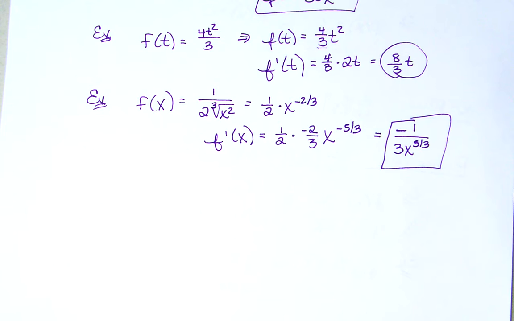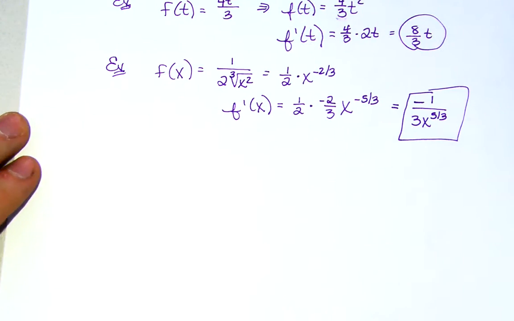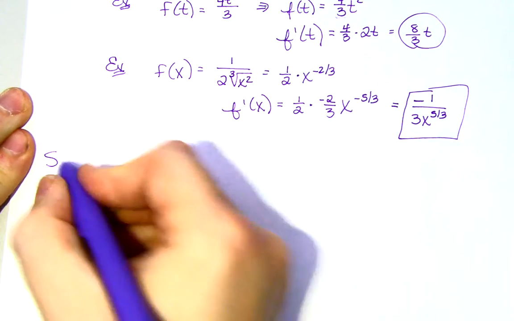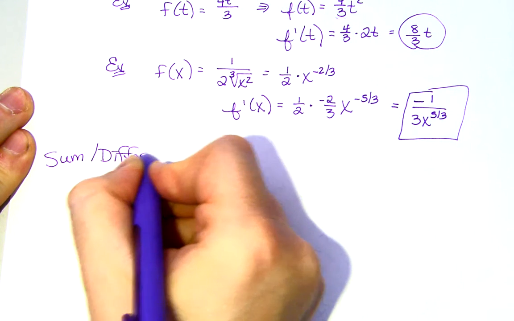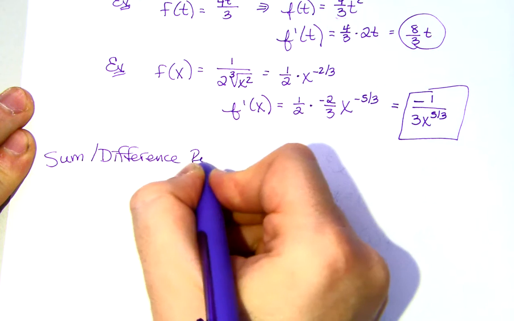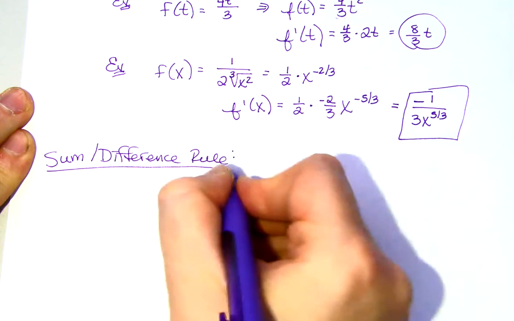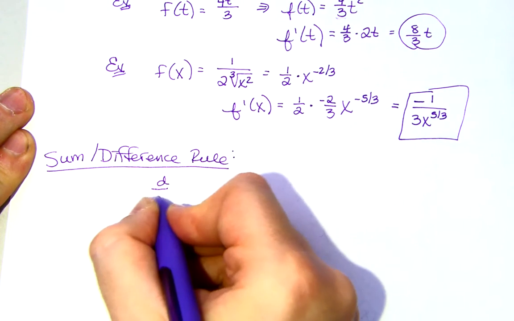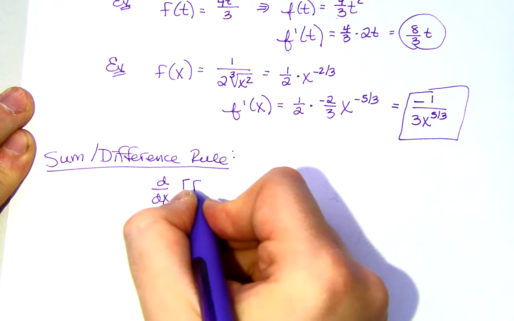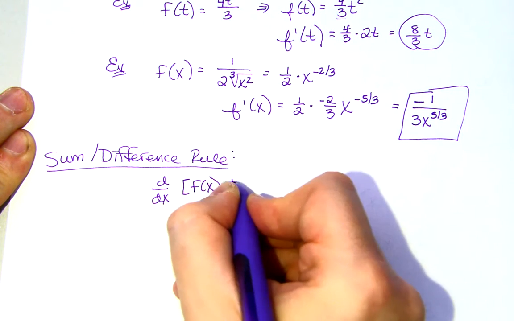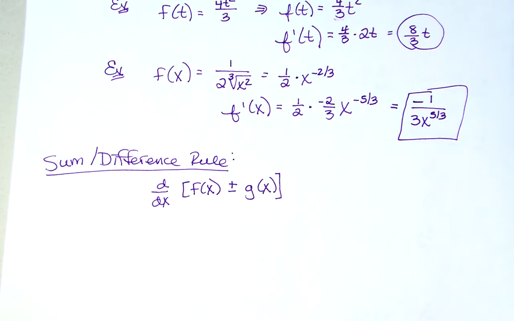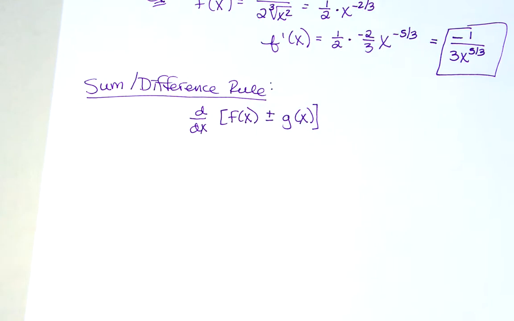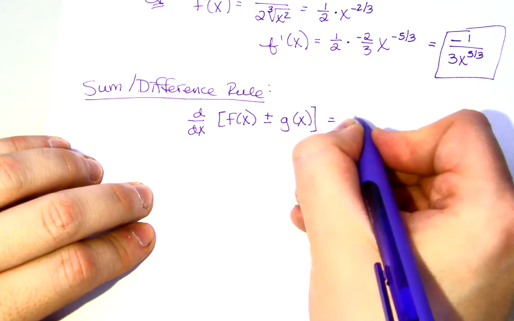Next rule, the sum and difference rule. Which says if I want to do the derivative of f of x plus or minus g of x, all I have to do is the derivative of the first one plus, or maybe minus, the derivative of the second one.